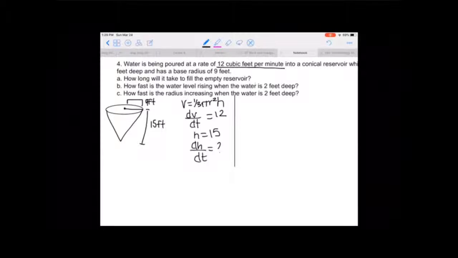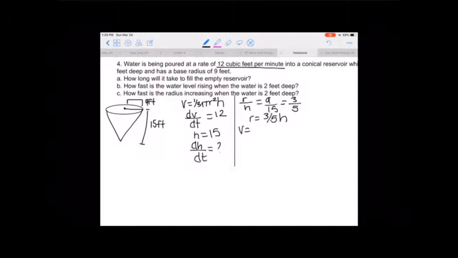Now, in order to make one variable out of r and h, we need to set a proportion of r over h, which equals 9 over 15, and simplified 3 over 5. Now, r equals 3/5 h, or 3 over 5 times h.